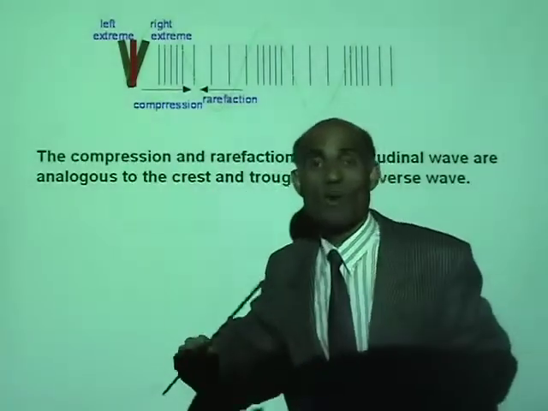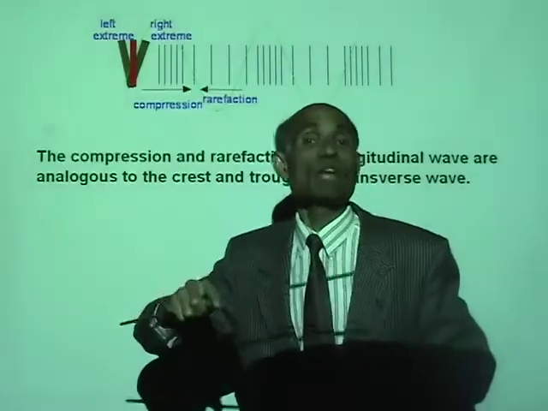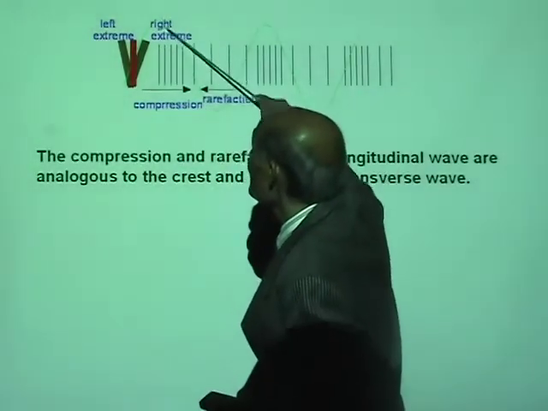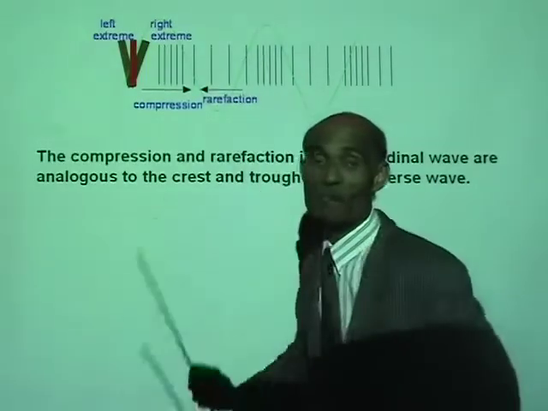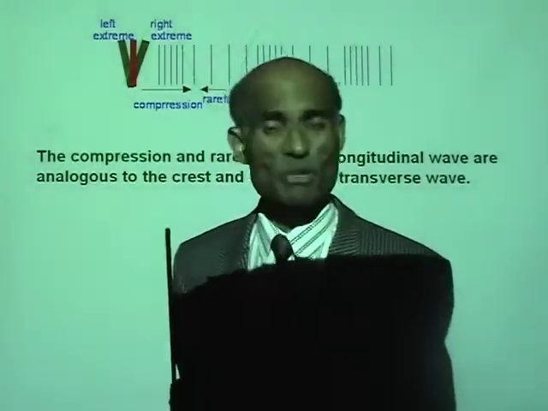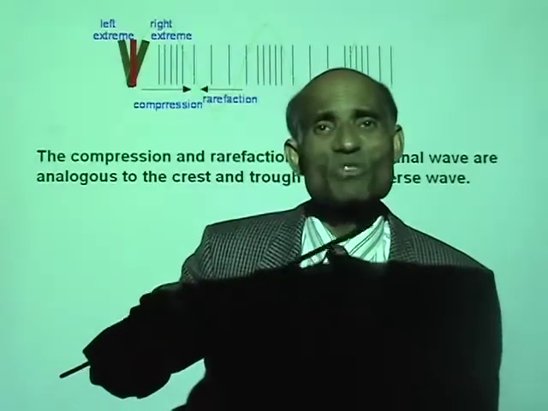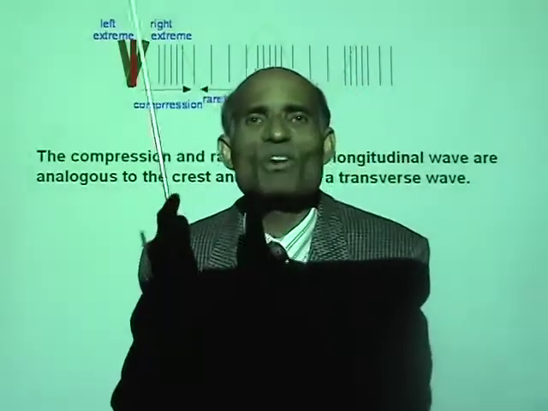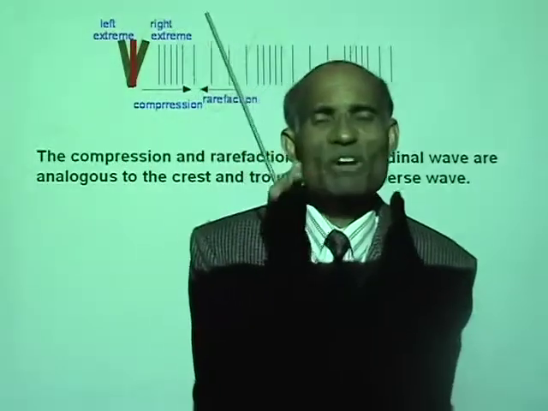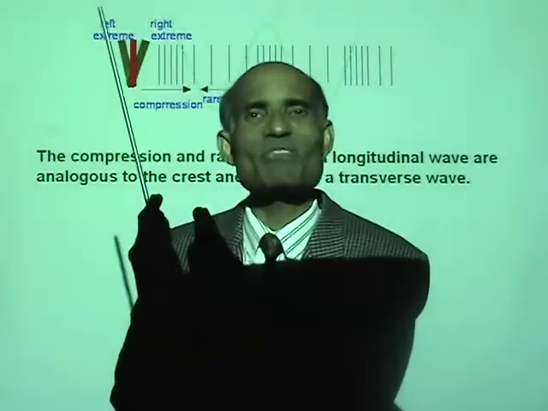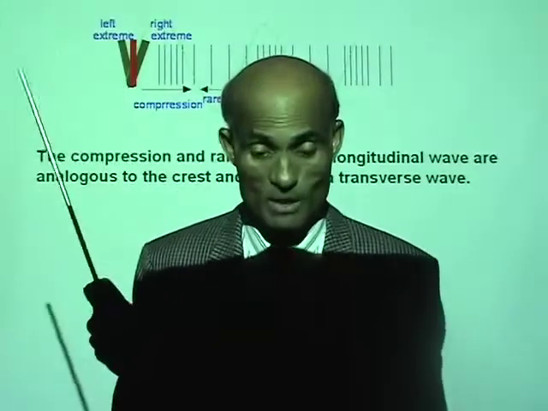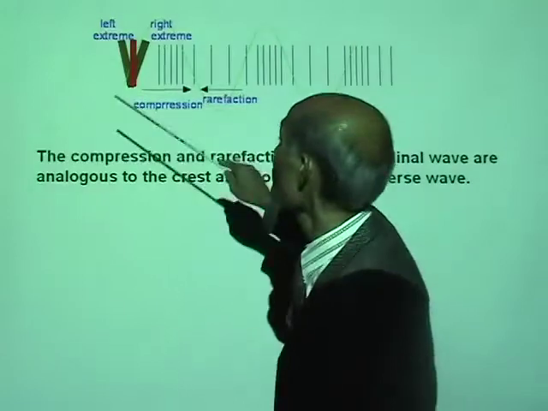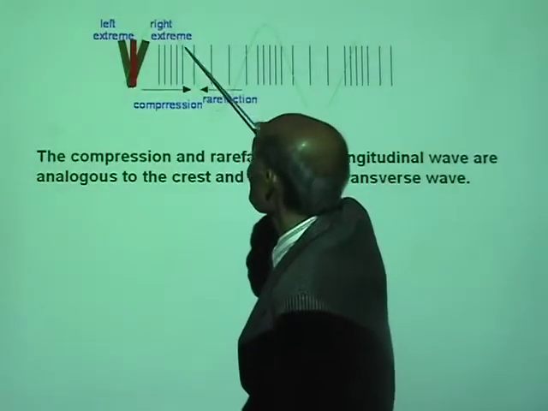So when you want to draw a longitudinal wave, we can draw it by using a transverse wave. We will do that from now on because it is easy to draw a transverse wave. It is much more difficult to draw a longitudinal wave, to draw the compressions and rarefactions. So from now on, in order to draw a sound wave, I will use a transverse wave representation.